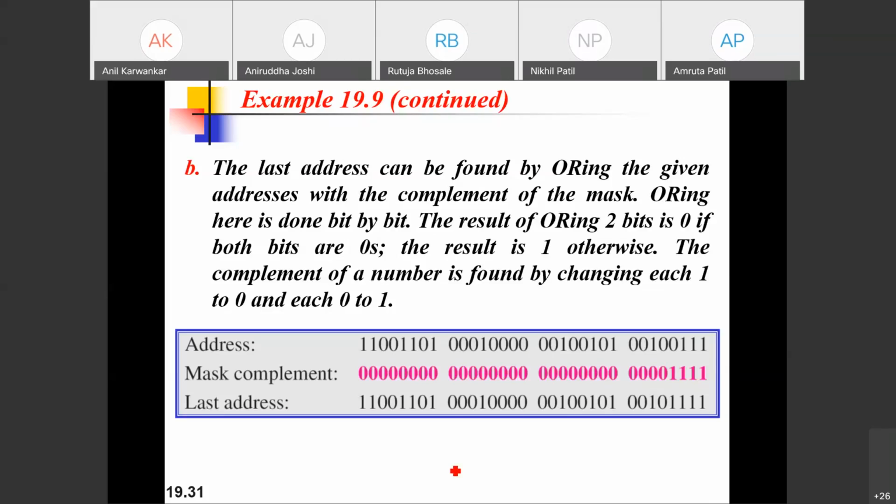For the entire range of IP addresses, for class A and class B, restrictions can be applied to the block. The address and the mask actually provide us classless inter-domain routing.